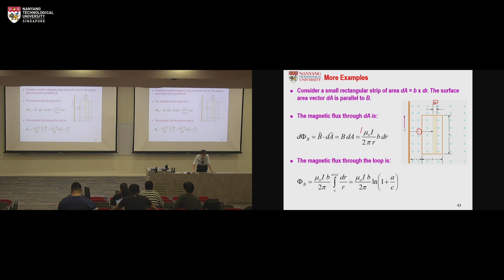Then this is going to be the B inside this tiny section, and this is going to be the dA, right? And from here to here, you do the integration from one end to the other end. One end r equals c, the other end r equals a plus c. So finally, you find out this total flux.